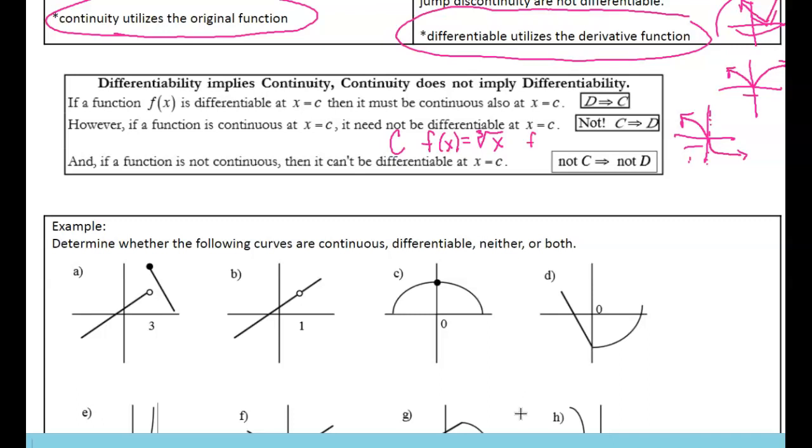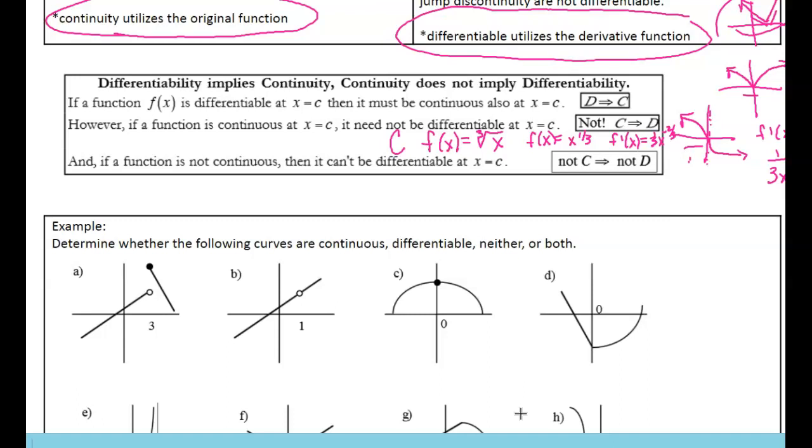But if we take the derivative, that would be x to the 1/3, so f prime of x equals 1/3 x to the negative 2/3, which is 1 over 3 x to the 2/3. If I plug in 0, that makes my denominator 0, which means I can't have a slope value when x equals 0. So I can plug in 0 in the original, but when I take my derivative, I'm not able to plug it in, and that makes it not differentiable at x equals 0.